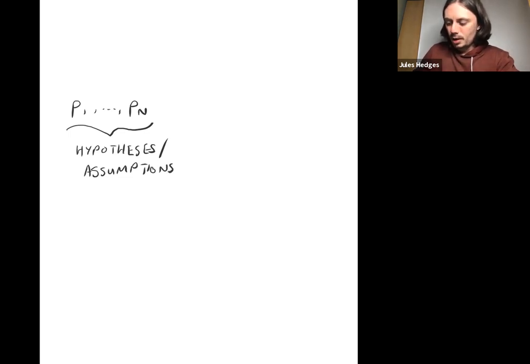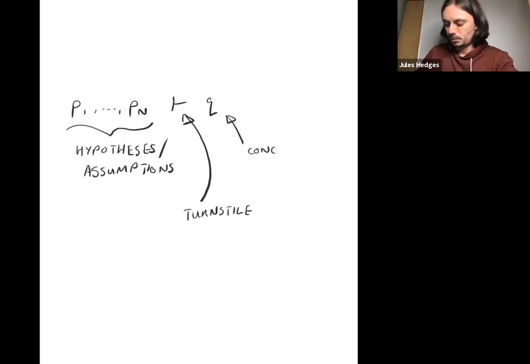And then a symbol called the turnstile. And then at the end, another formula called the conclusion. So you can read this as a thing that says, if the hypotheses are true, then the conclusion is true.